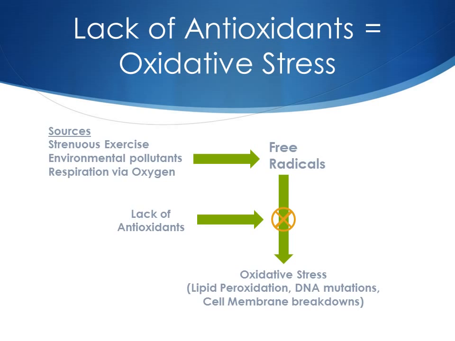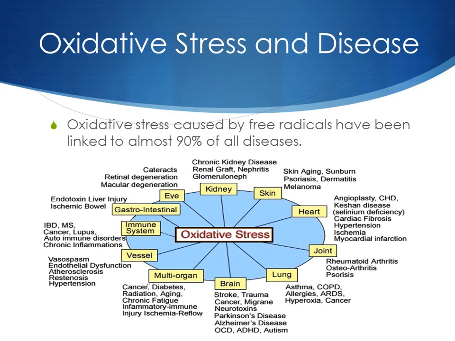And also there's pollutants around. There's also electromagnetic frequencies that damage our cells, so our cells can't produce many antioxidants. So in essence, because we can't block off the free radicals, we can't take care of them by the antioxidants inside our body, there's increased oxidative stress, which leads to lipid peroxidation, DNA mutations, and cell membrane breakdowns.